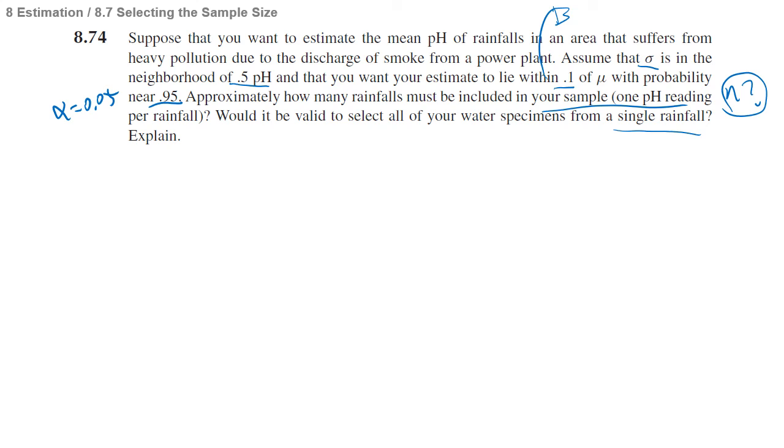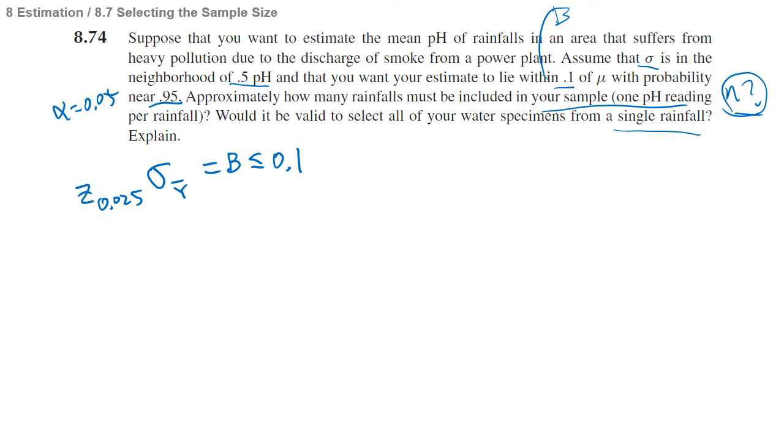Okay, so let's try to solve the first one first. We need to calculate the sample size, and we want our B to be less than or equal to 0.1, and our B is Z alpha over 2, which is Z 0.025, times sigma of y bar.